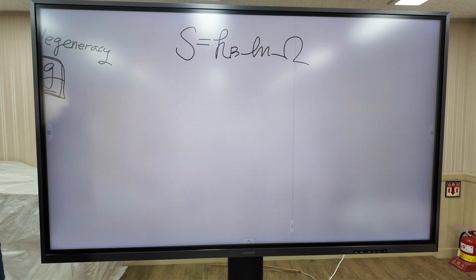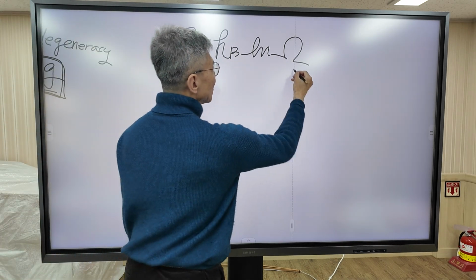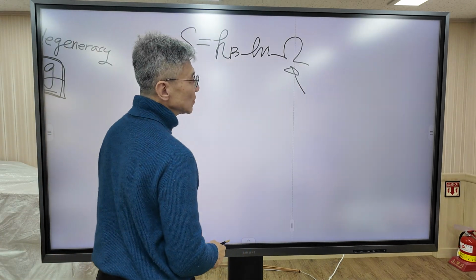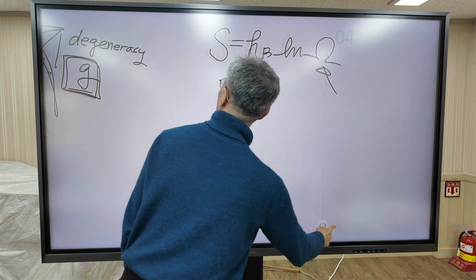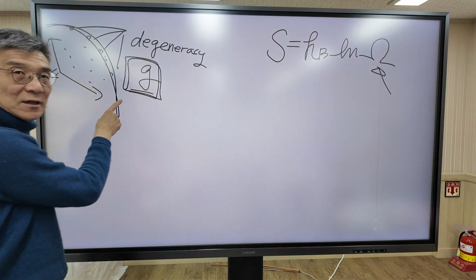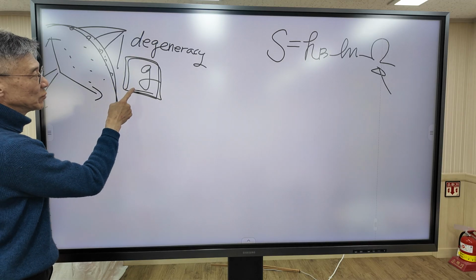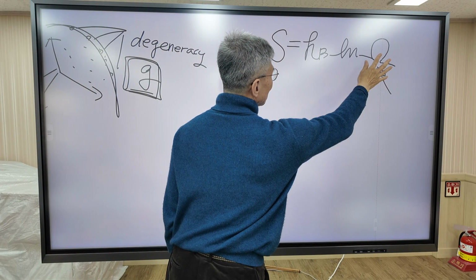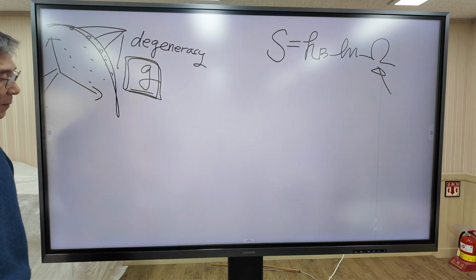This is the entropy, this is the Boltzmann constant, and this is the number of states. In terms of quantum mechanics, this omega is exactly like the degeneracy. So if you know the degeneracy and plug it into omega, you can determine the entropy. So this is very important.